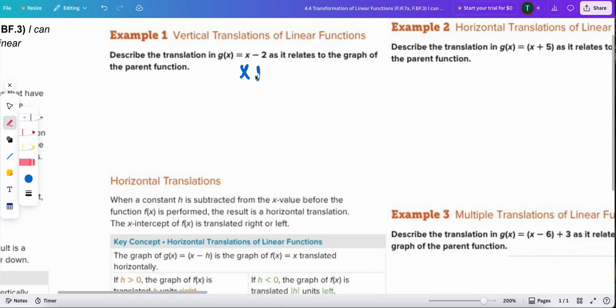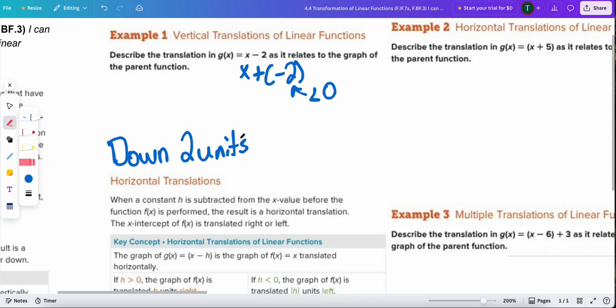This would be x plus a negative 2. This is less than 0, meaning it's going to be moving down. So this would be translated down 2 units.